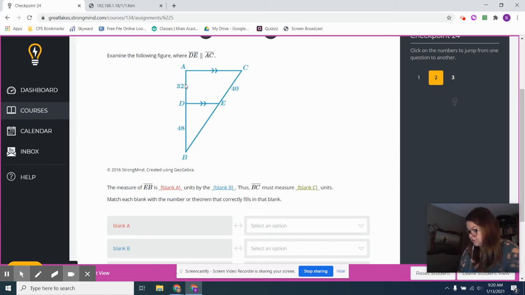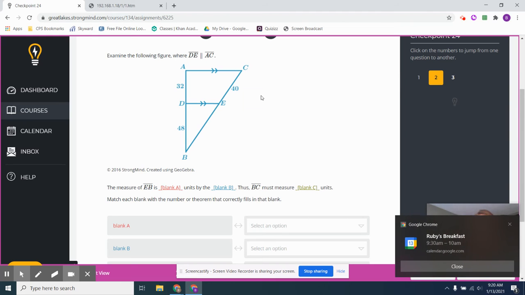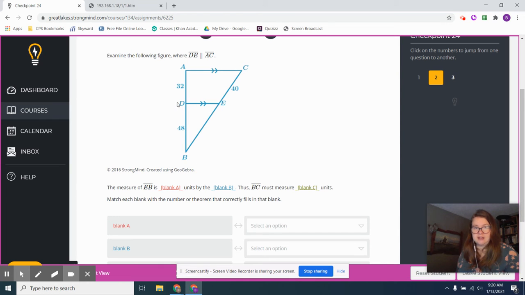So I'm going to do the diagonals. I'm going to do 40 times 48 divided by 32. Put that in and I got 60. So this thing right here is 60.